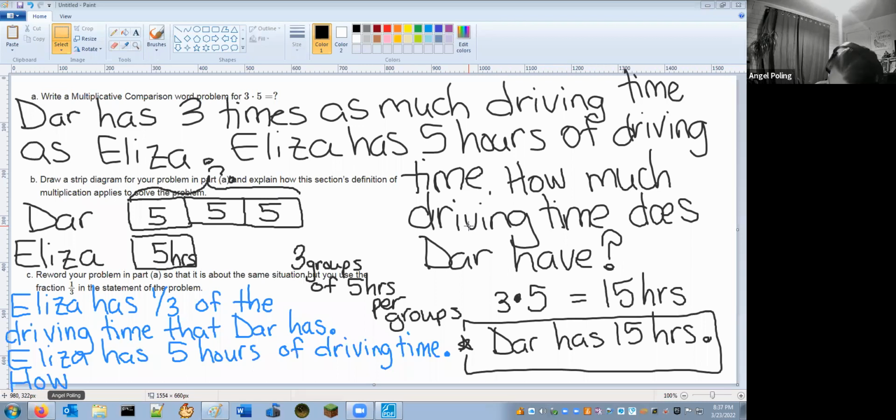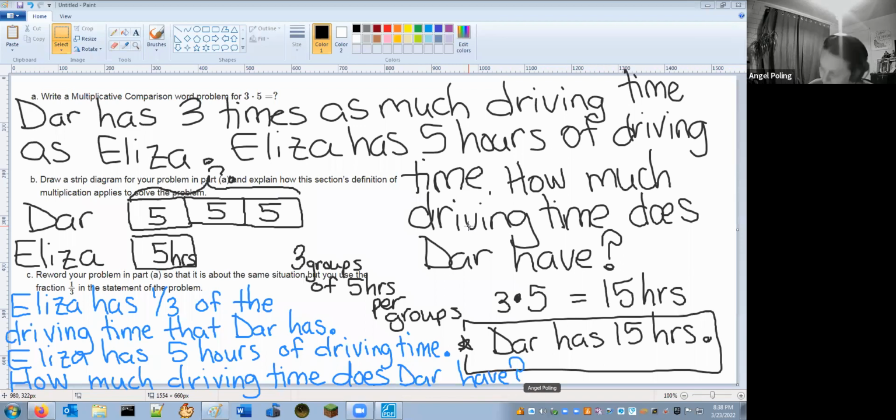How much driving time does Dar have? Same scenario, same drawing, but we're using the fraction 1/3 instead of 3.